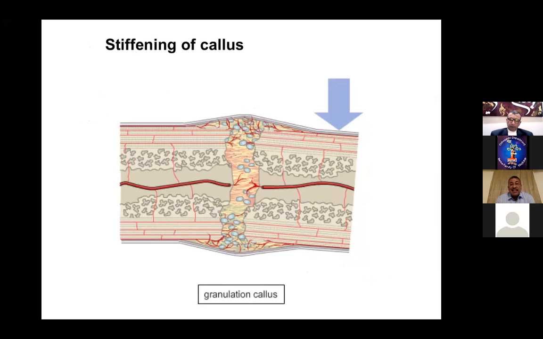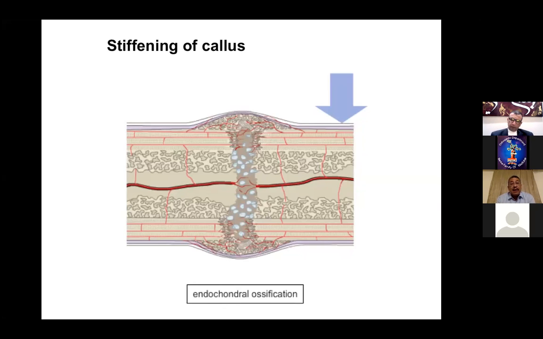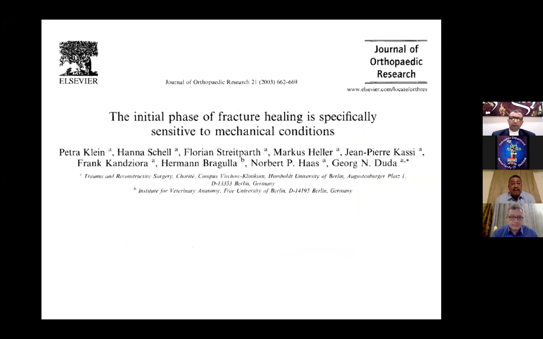So the chance of cutting or disrupting this newly formed granulation becomes less. When it is hard bone by enchondral ossification, it is more and more stiff, and the risk of getting disruption of the callus is less.